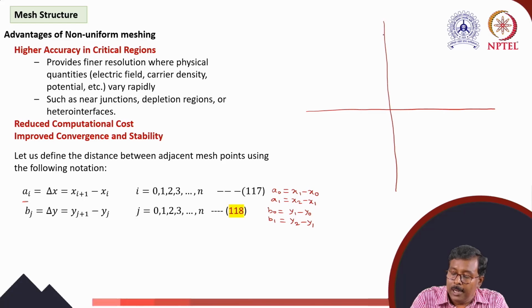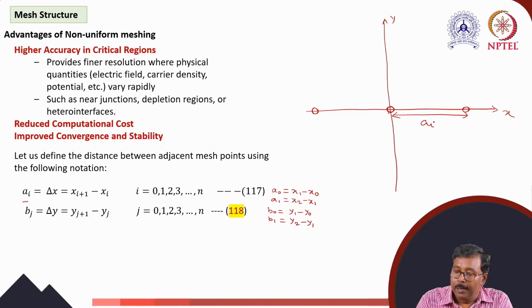Along the y-axis, this is y, this is x, and here you can mention this point, and you consider another point here. So this is ai, and this is ai minus 1.